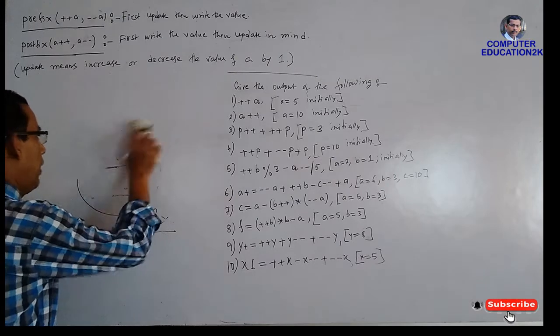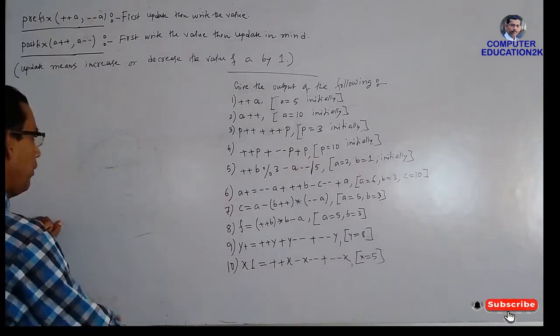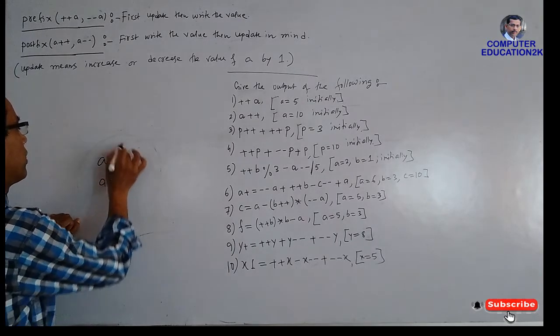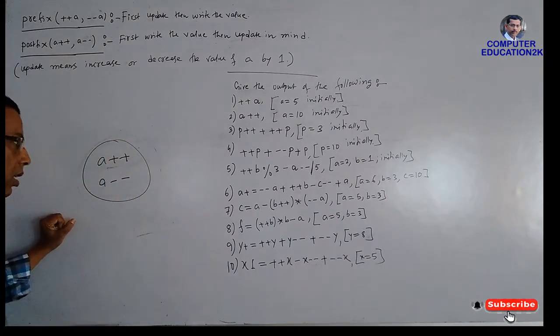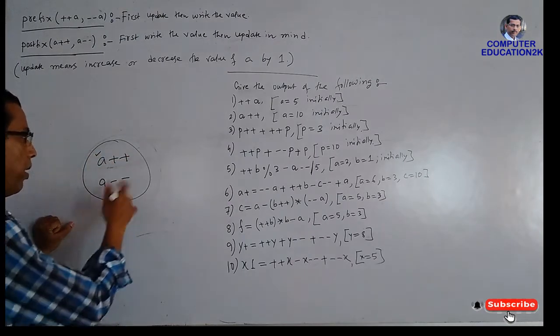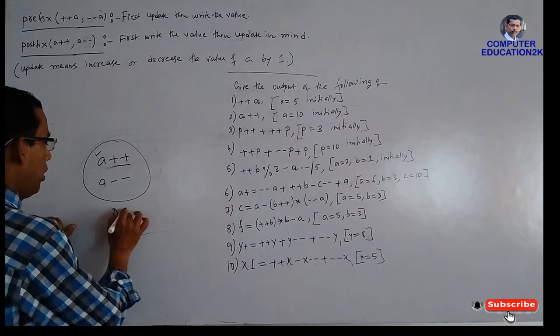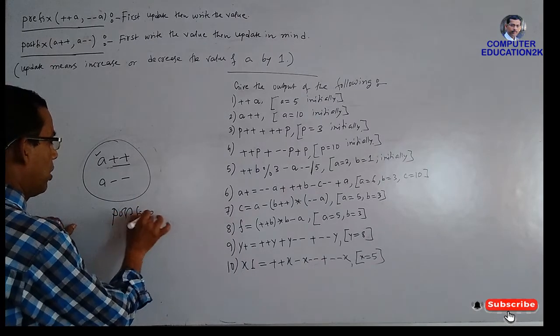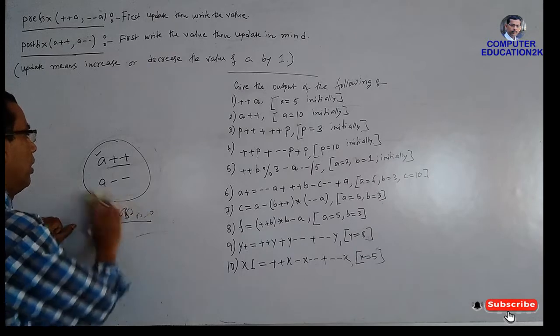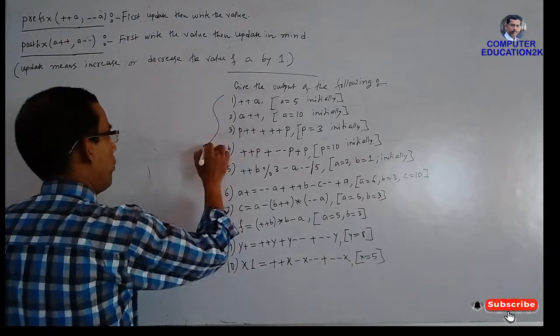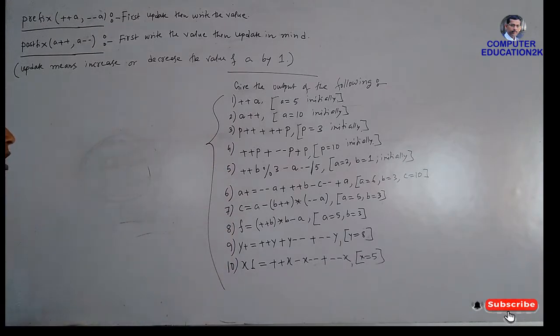But if I write a plus or a minus, this is called postfix, because the variable is here and the operator is after the variable. So we have to find out the output of all these Java expressions using prefix and postfix operators.